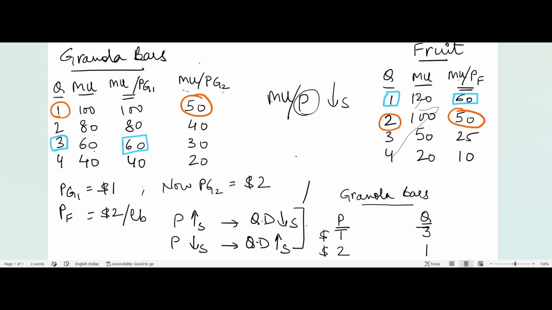So we end up having an inverse relation between price and quantity demanded based on the law of diminishing marginal utility, or the marginal utility per dollar concept, one and the same thing, right? Okay. All right. I hope you understand this.